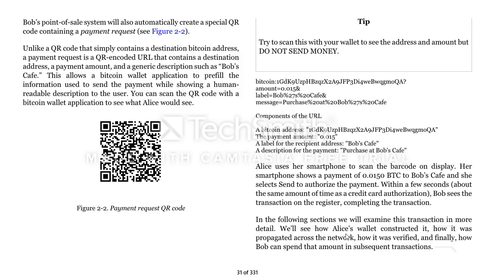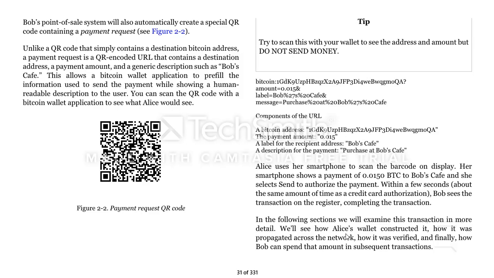Figure 2:2. Payment Request QR Code. Tip: Try to scan this with your wallet to see the address and amount but do not send money. Bitcoin:1GdK9UzpHBzqzX2A9JFP3Di4weBwqgmoQA?amount=0.015&label=Bob%27s%20Cafe&message=Purchase%20at%20Bob%27s%20Cafe.